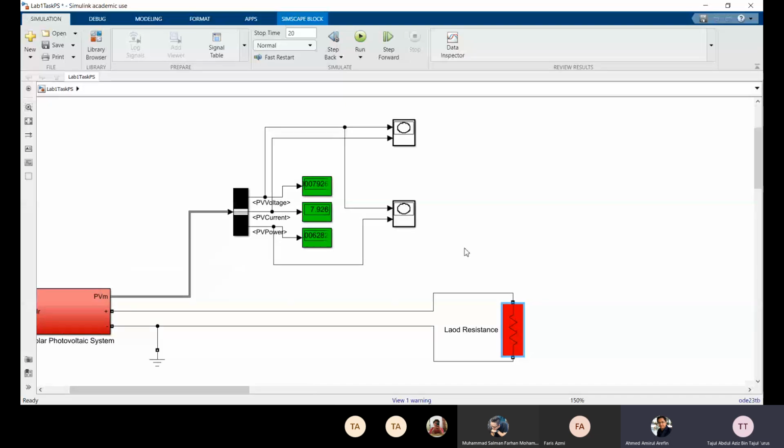So how can you change the resistance value for short circuit? The smallest resistance.